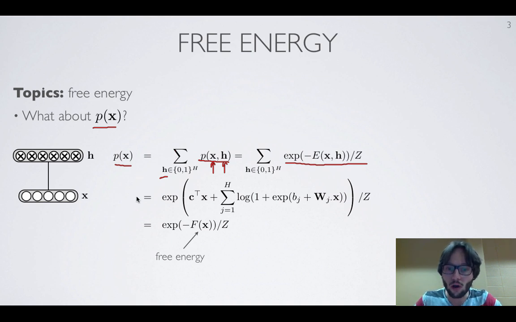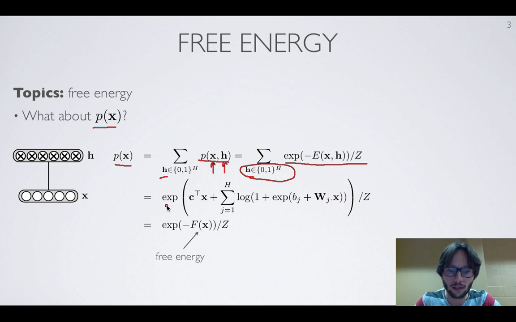And what we can show is that this sum over an exponential number of binary vectors, the exponential number of patterns in the hidden layer, can actually be written down in a more efficient expression, more efficient to compute.